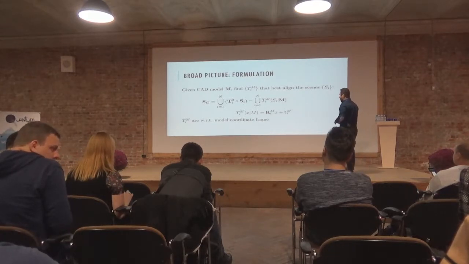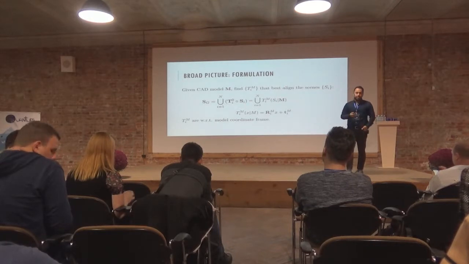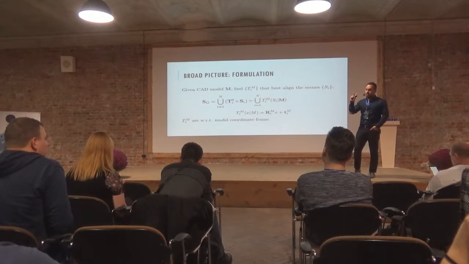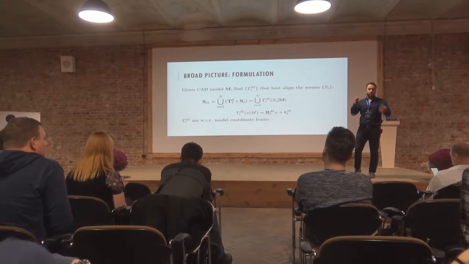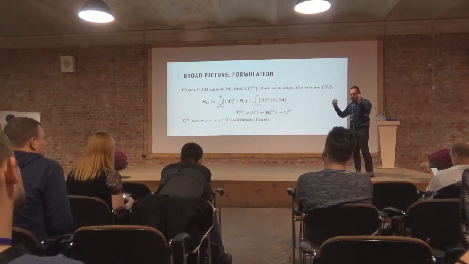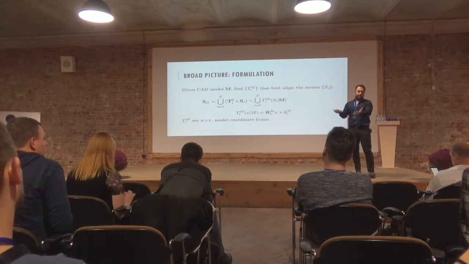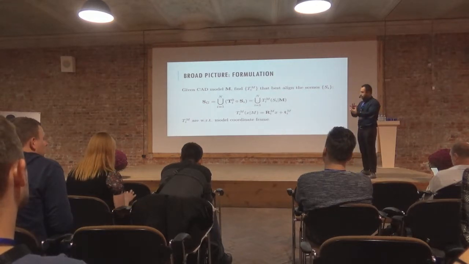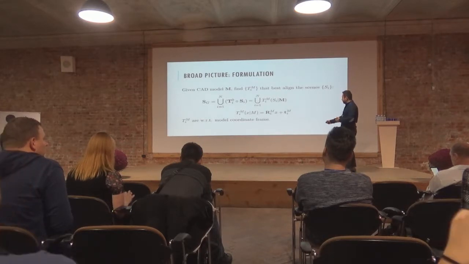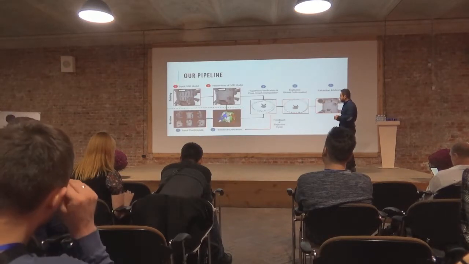To find this coherent component, you have to find two things: perfect rotations and perfect translations of the scans on top of the CAD model, such that they lie in a very nice form. They form this digitized model. This is the rotation and translation that you want to find.